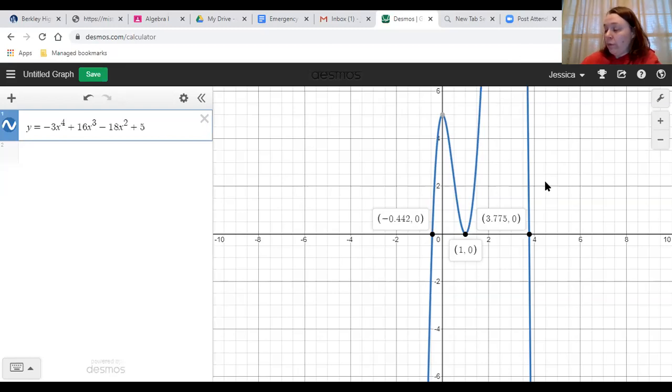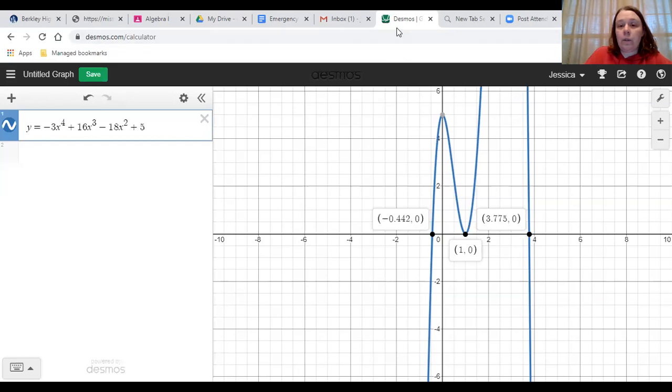The -0.442 to 1, and then the 1 to 3.775, okay? And then from 3.775 on, the y values are negative. So I would say from 3.775 to infinity, the y values are negative.